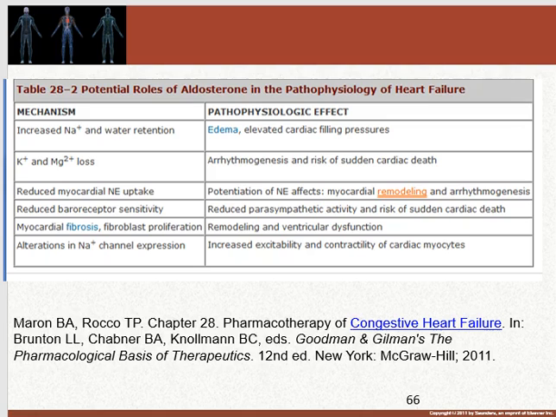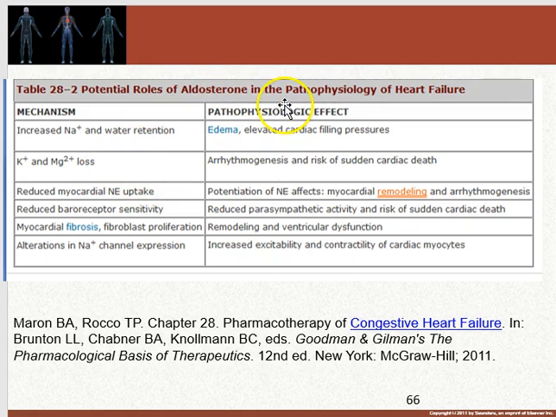several roles in the pathophysiology of heart failure. And so this basically summarizes the different pathophysiological effects and the mechanism by which this occurs. Aldosterone is going to alter sodium, potassium, and other electrolytes.